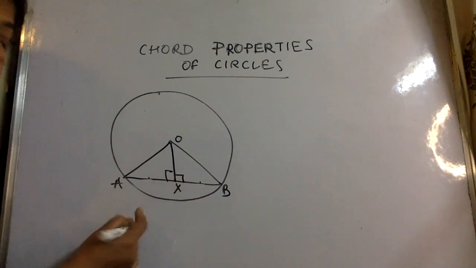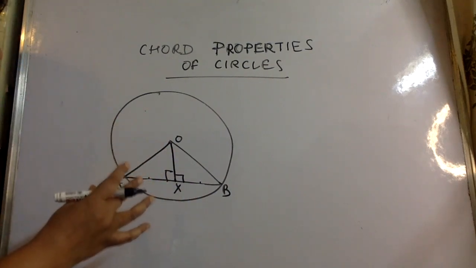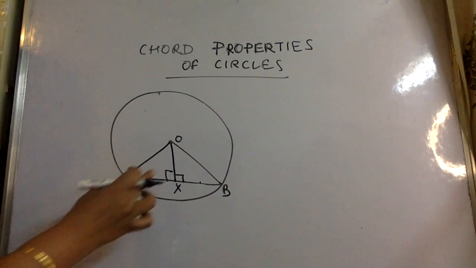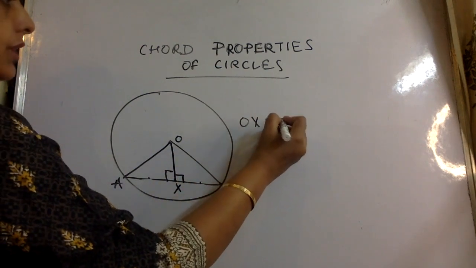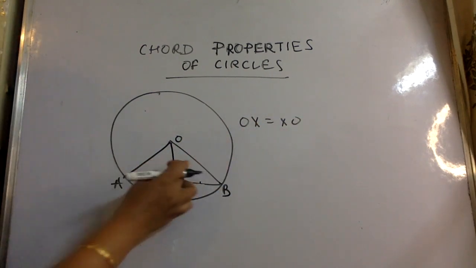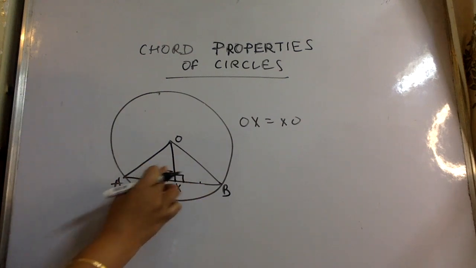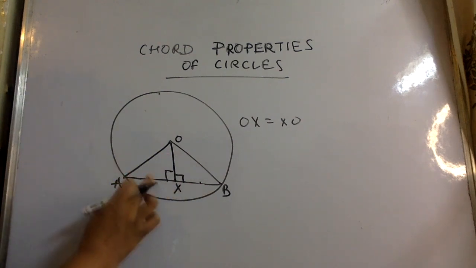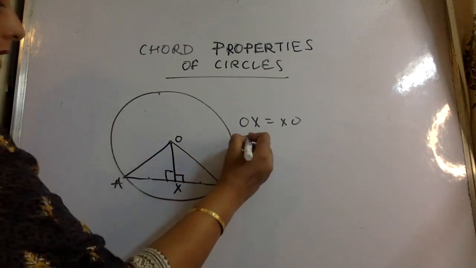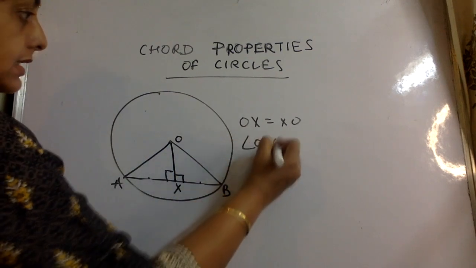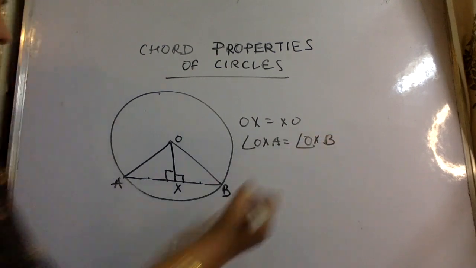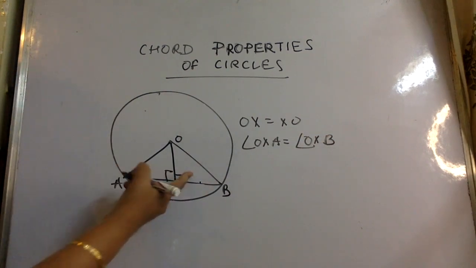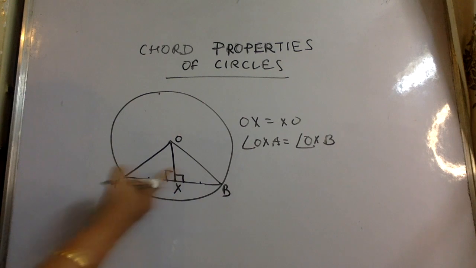Let me take the foot of the perpendicular on AB as X. If I take these two triangles, OX is equal to XO, because that's the common side. Then angle OXA is equal to angle OXB, because that is given. So this is equal, this is 90 degrees.